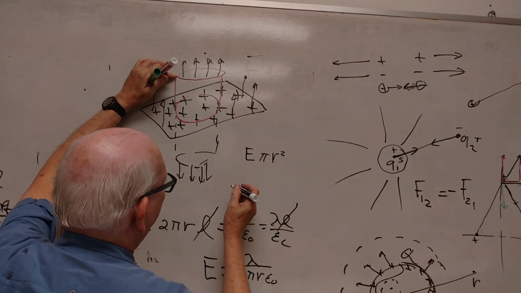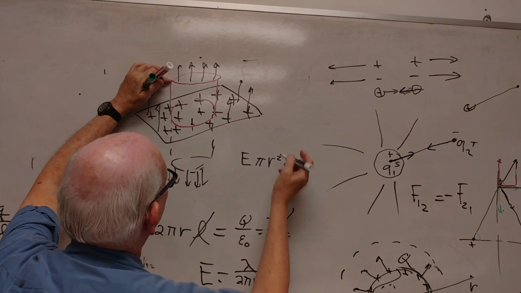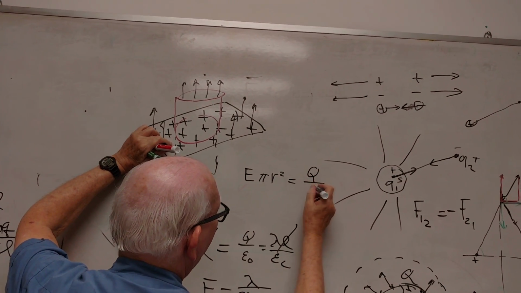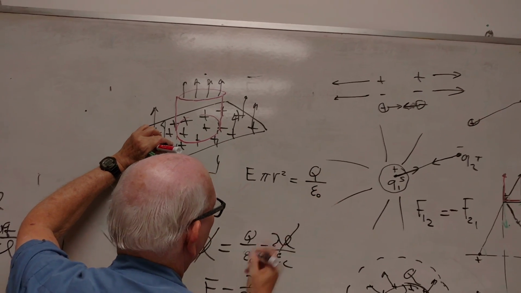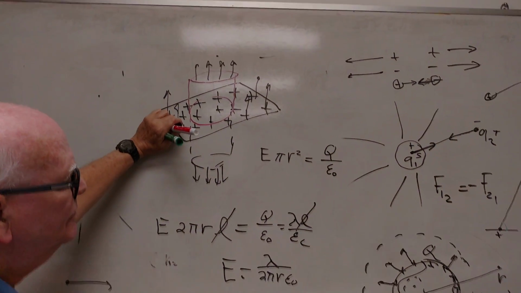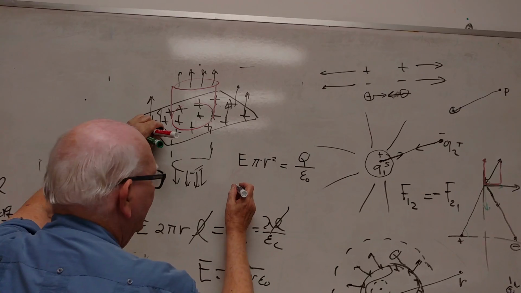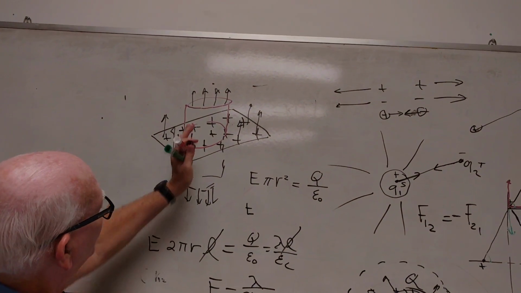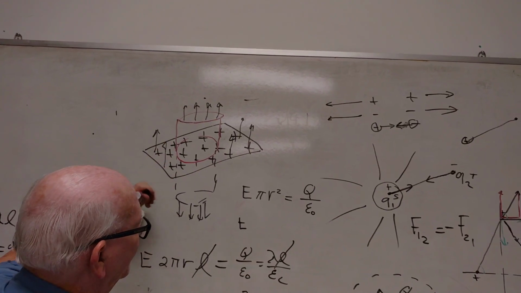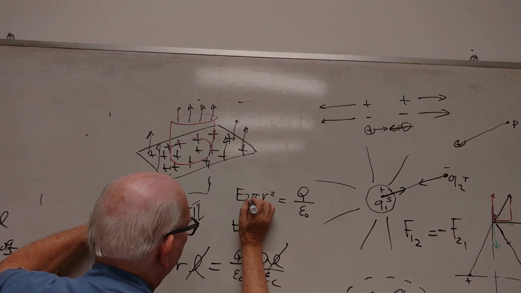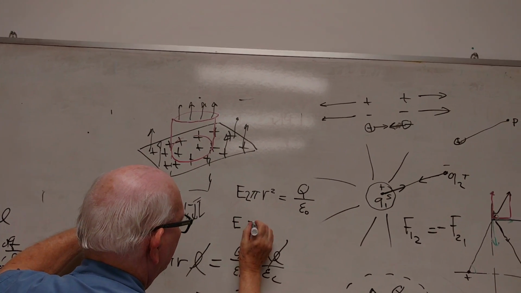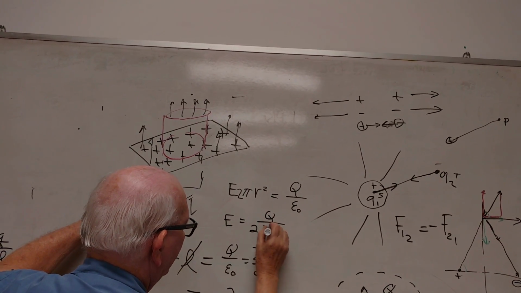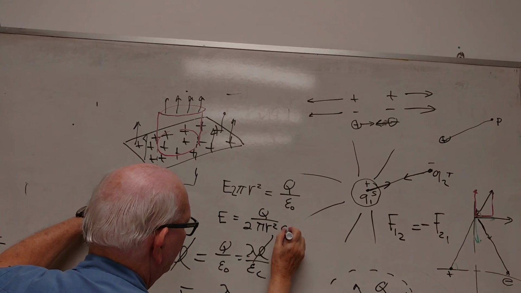And that has to be equal to the total charge enclosed on that area divided by epsilon 0. That's it. The field is divided by 2 because half the field goes up. In other words, the area is twice. Let me put 2 here. So E is going to be Q over 2 pi r squared epsilon 0.